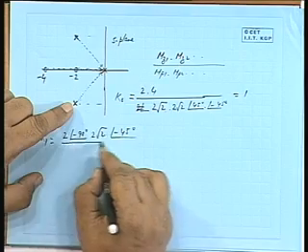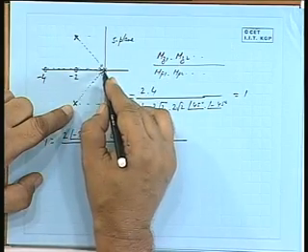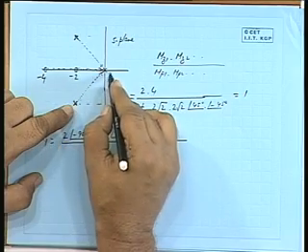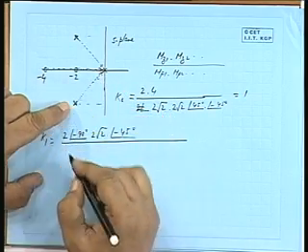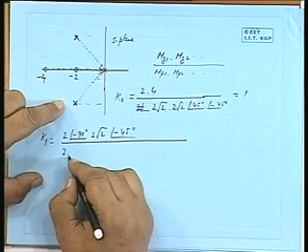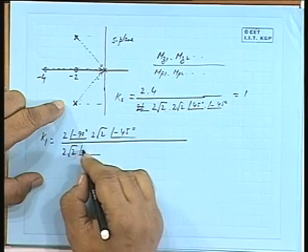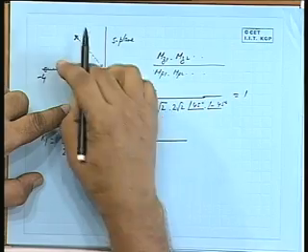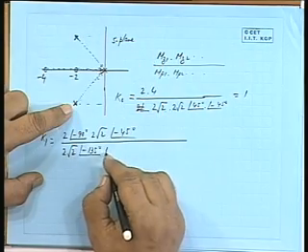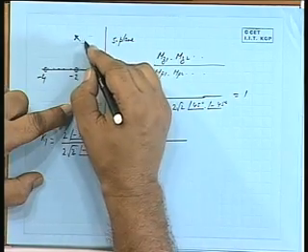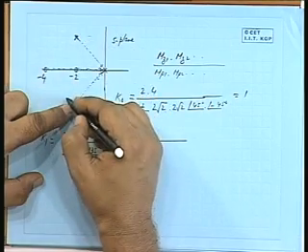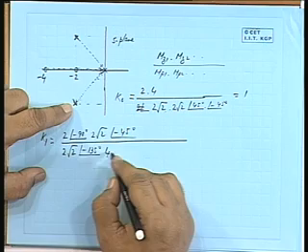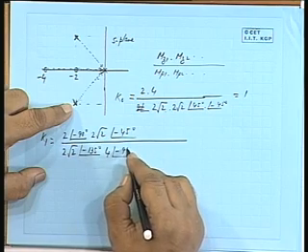Is that all right? And then these distances, this is 2 root 2 angle 135 degrees, and then this one is 4 angle minus 90 degrees. Is that all right? When I come towards this, it will be 4 minus 90 degrees.